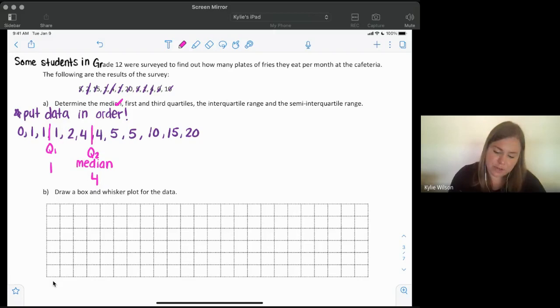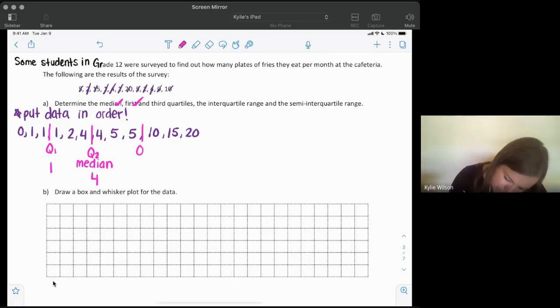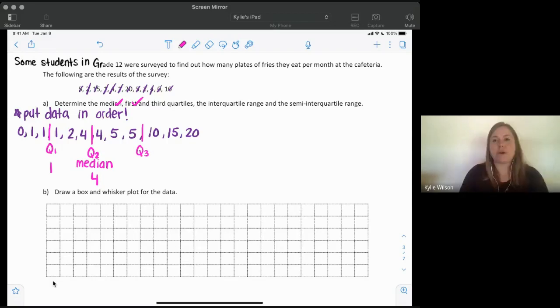That's our first quartile, and now let's find the third one. I look at the data set on the right-hand side of the median, and I put my line through the middle. This is between 5 and 10, so I want to find the number that's right in between. Some people can do this in their head, but if you're unable to, you take 5 and add 10, and then divide by 2, which gives 7.5.